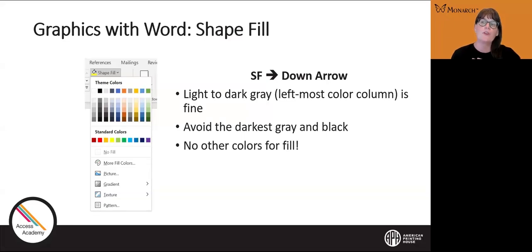On the far left-hand column, it goes from white to gray all the way down, or white to black all the way down. You want to avoid the darkest gray and the darkest black. And you don't really want to use any other colors for fill unless you have an embosser that can use those colors and will render different things for them. Typically, you want to stay with your grayscale shades.